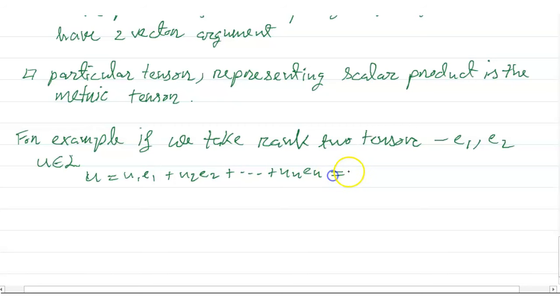It can be written this way, ui Ei. So friends, this is the Einstein convention.